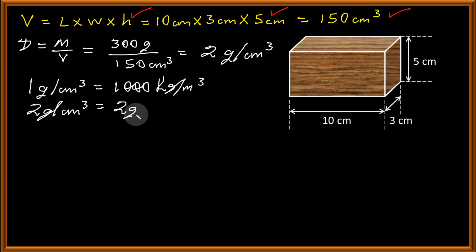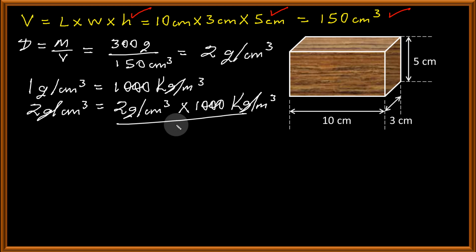You have 2 grams per centimeters cubed. You multiply it by 1000 kilograms per meters cubed, and then you divide by 1 gram per centimeters cubed. Of course, the units will cancel out as follows, and you're left with the kilograms per meters cubed.